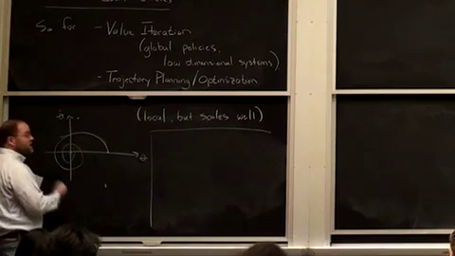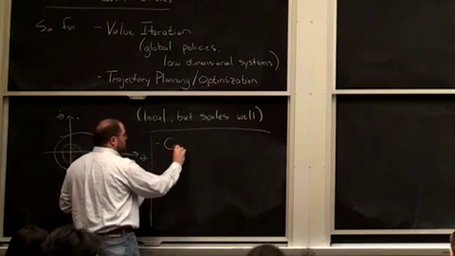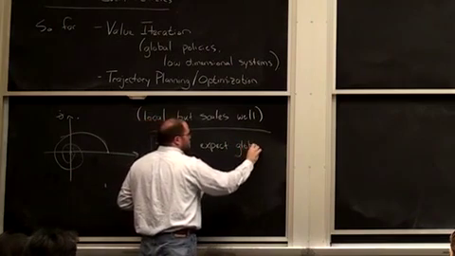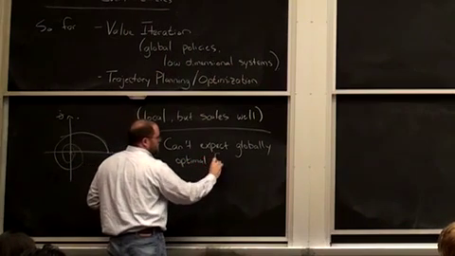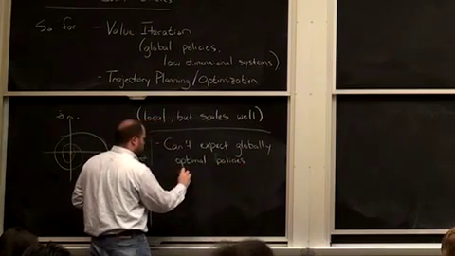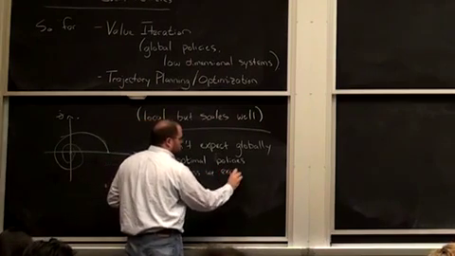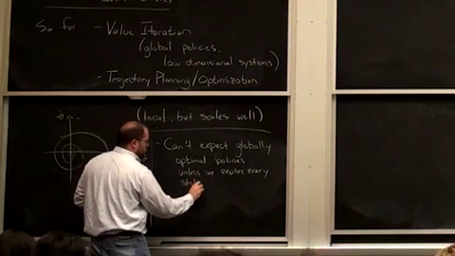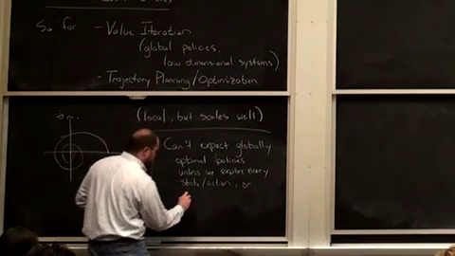What I'm trying to say is we can potentially get good enough policies using these methods. So I just want to make the point that we really can't expect globally optimal policies unless we explore every state action pair, or maybe if we have some analytical insight.